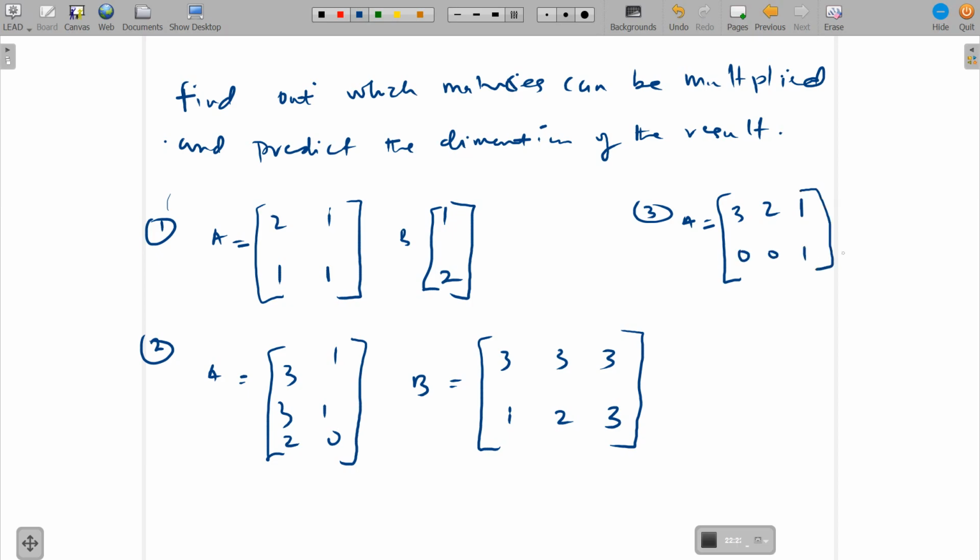Can you multiply it against 3, 2, 1, 1, 1, 0? Can you do that? So for the ones you can do, tell me what will be the rows and columns of the result. Anyways, solve these three problems and let me have the solution. Thank you.